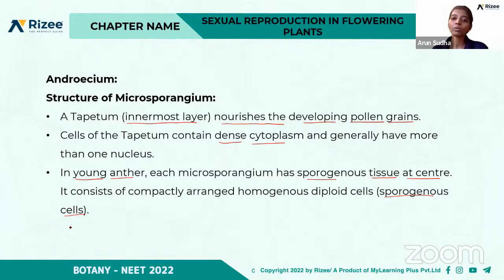So we saw the 4 layers, the outer 3 layers are involved in protection and the inner layer gives nutrition, right? The cells of the tapetum have dense cytoplasm, and the microsporangium has sporogenous tissue consisting of sporogenous cells.